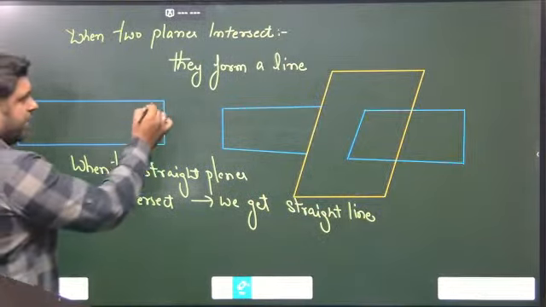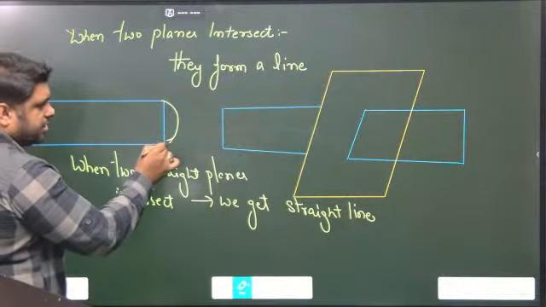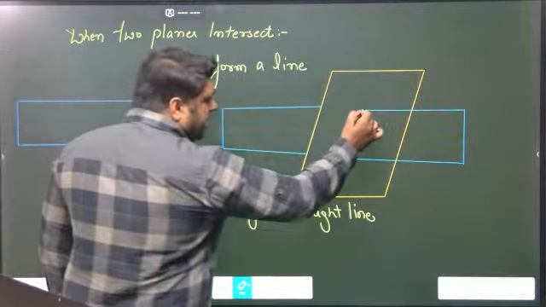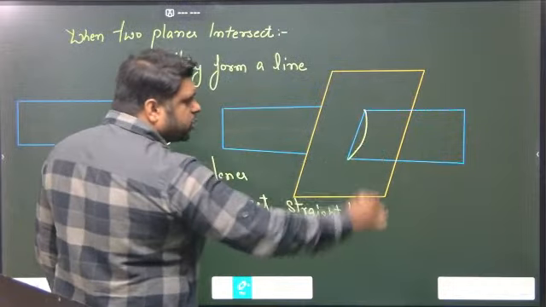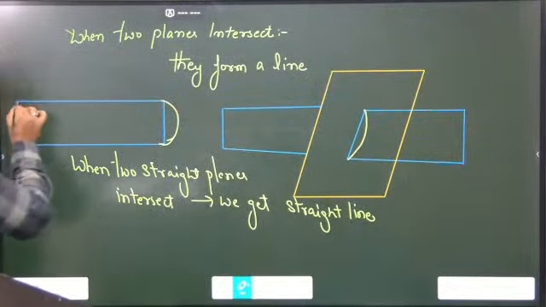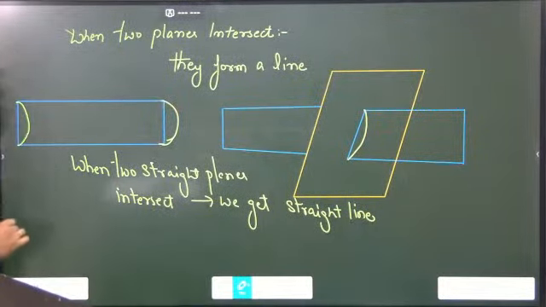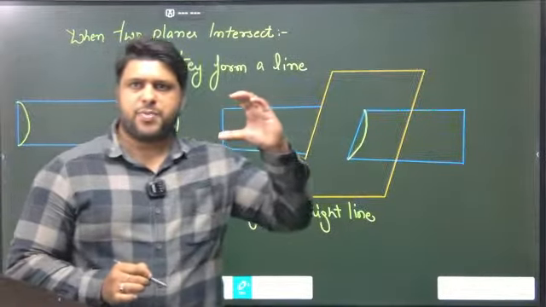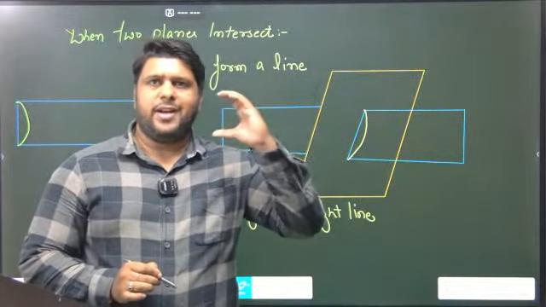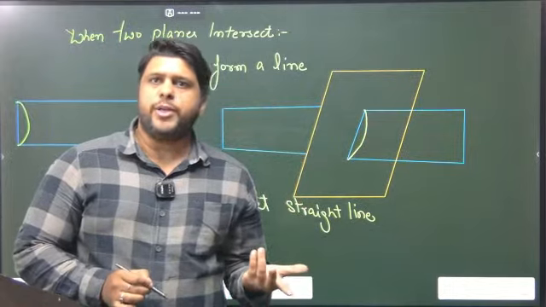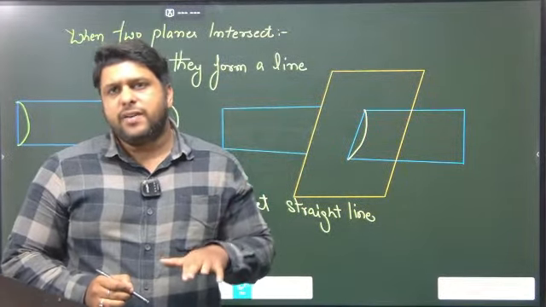Let's say if one of them was curved like this, then the line which we are going to get will also be curved. So this is curved. This is like this. Now, when it is going to pass, it is also going to leave an impression that is curved.